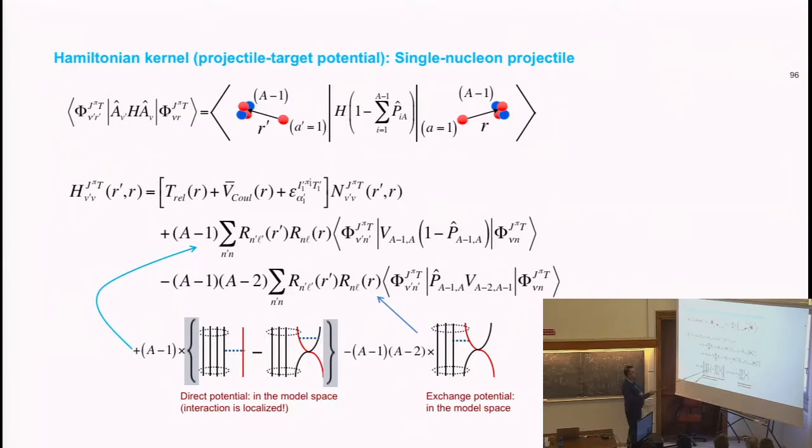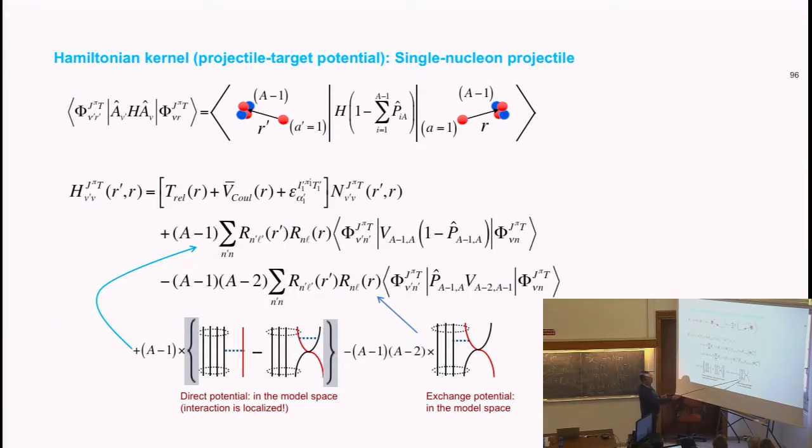For these potential kernels, you get a part which is called direct, where you have an interaction between your projectile and one of the nucleons in the target. Then you also have to take into account the antisymmetrization. That means that you exchange your projectile with one of the nucleons in the target, and then they interact. So that is this first part.